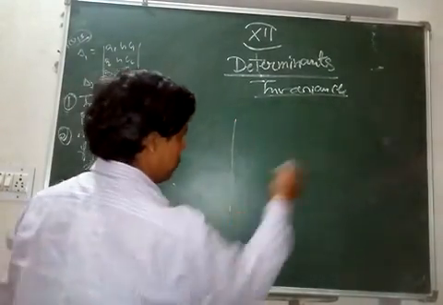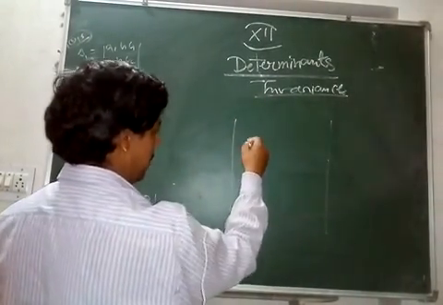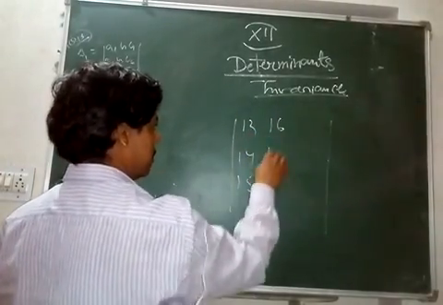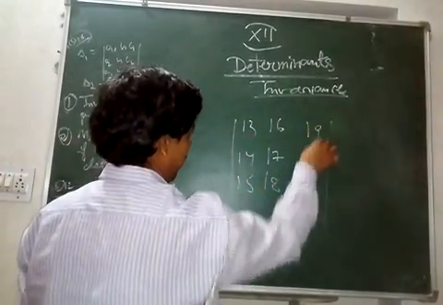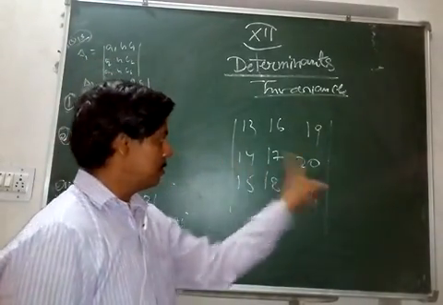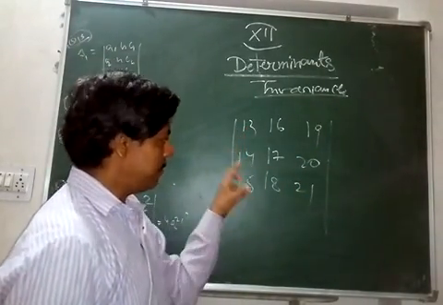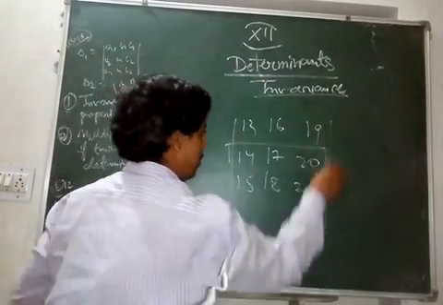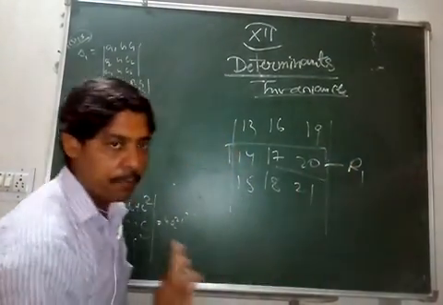For example, suppose I write here 13, 14, 15, 16, 17, 18, 19, 20, 21. Let me do row operations here.